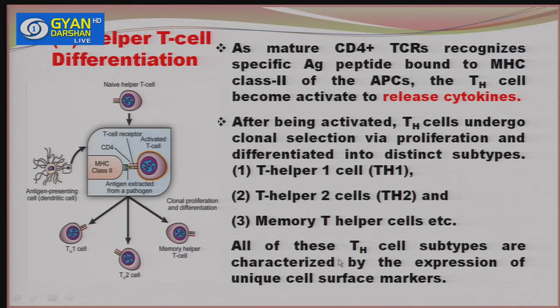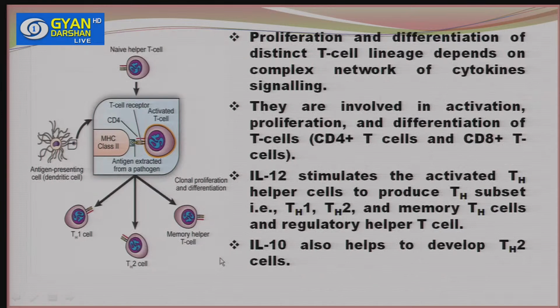All these T helper cell subtypes are characterized by the expression of unique cell surface markers. A particular cell like the T helper 2 cell has specific receptors. So on the basis of the particular receptor, we can recognize the memory cells, T helper first cells, and T helper second cells.